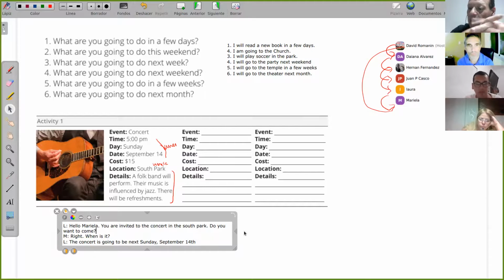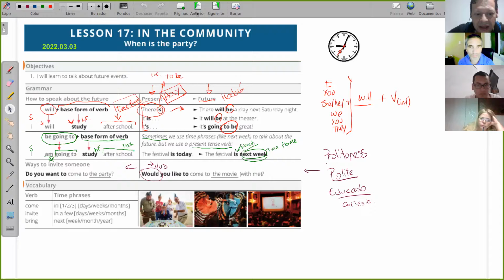So we extended the invitation. Or we can say, do you want to come to the concert in the South Park? It's the same. All the versions, even without this, are perfect. I just wanted to emphasize what we wanted to teach here: how we ask or invite somebody. But what Laura said is perfect also.